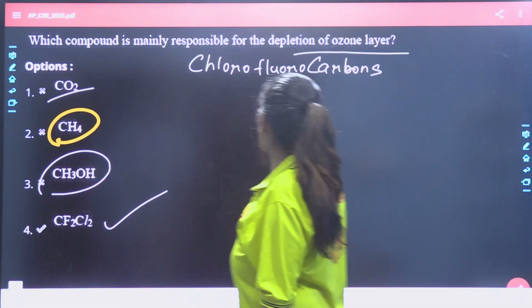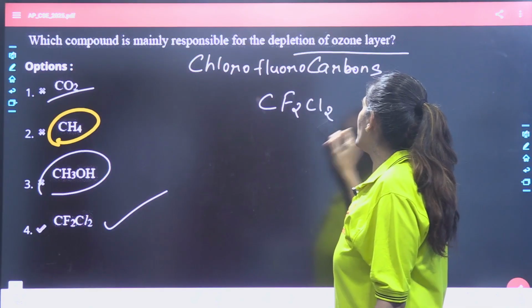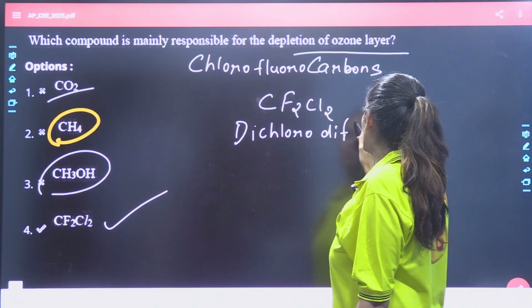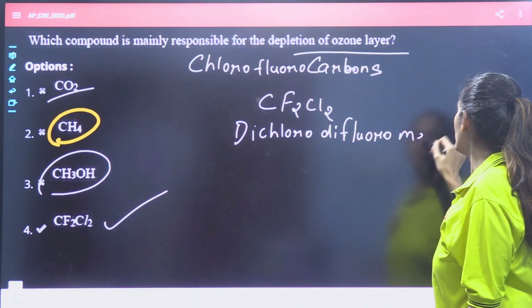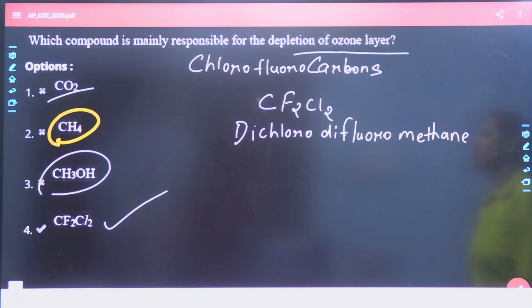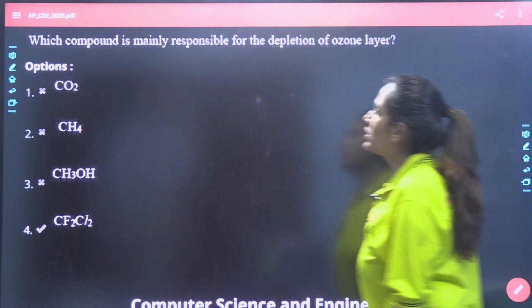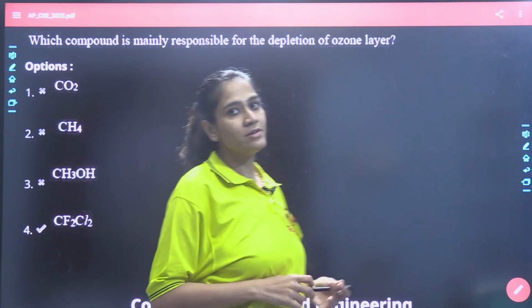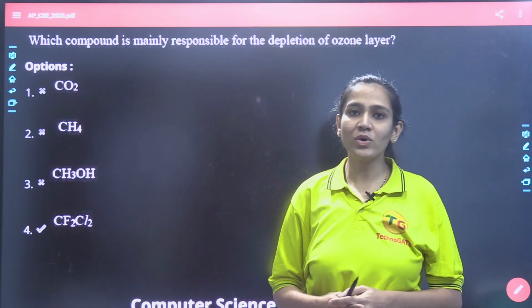Dichlorodifluoromethane is an example. Clear? So the compound mainly responsible for the depletion of the ozone layer is chlorofluorocarbons. So these were all the questions of the chemistry part, the 25 questions that we have discussed. Okay, thank you.